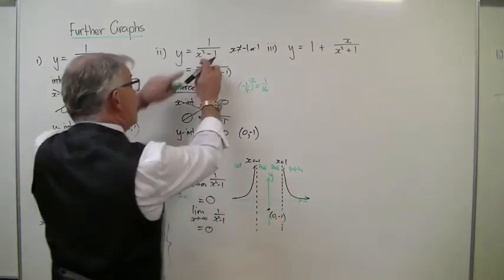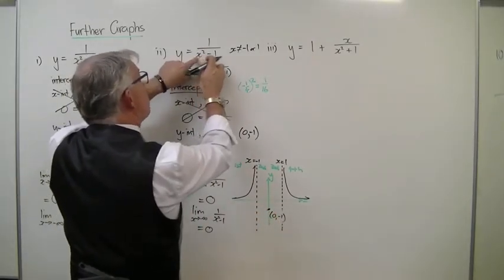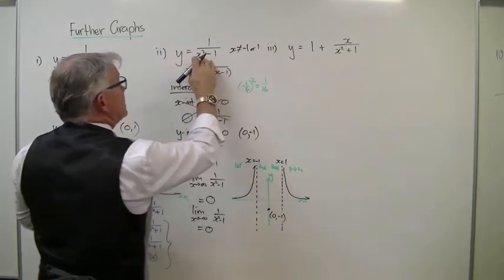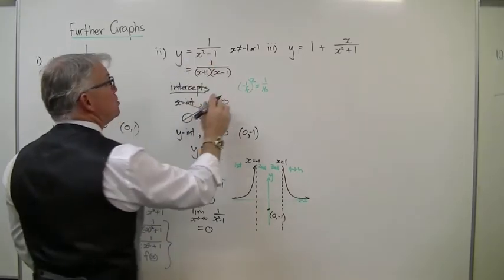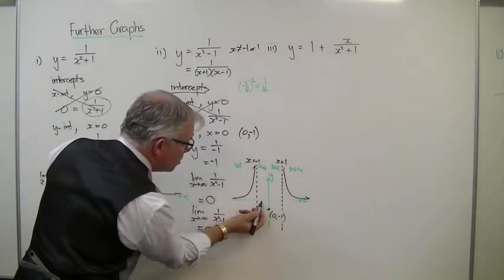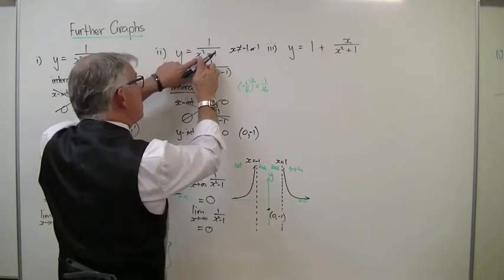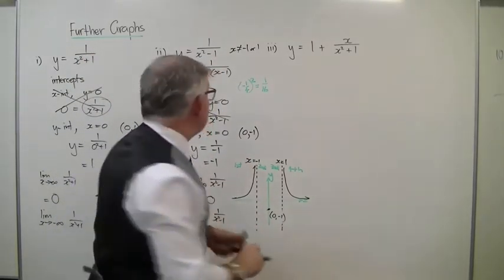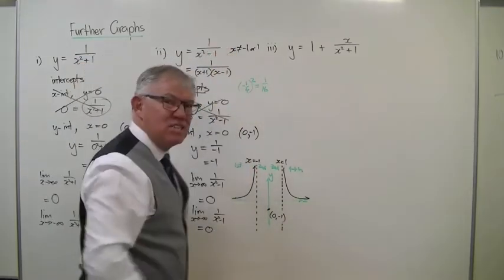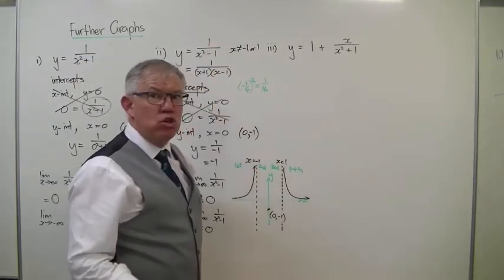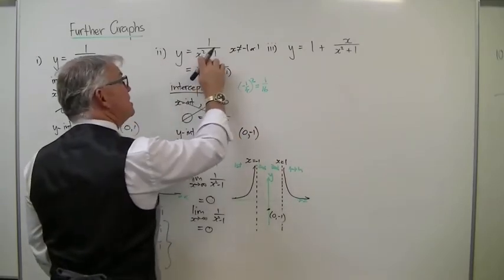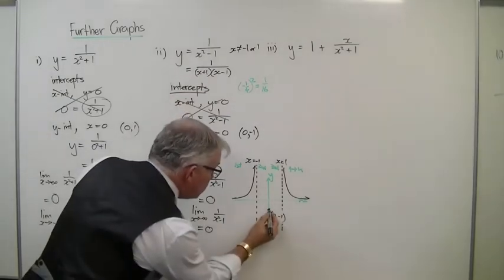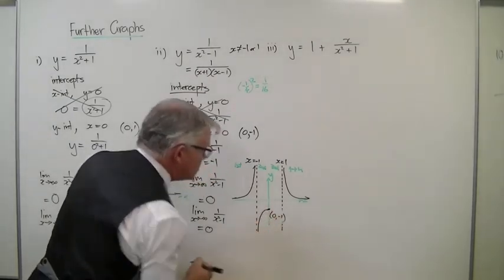And then, oddly enough, as the value of x approaches minus 1, our asymptote, the difference between these two things will get smaller and smaller. Same treatment: 1 over a tiny, tiny fraction is going to be a huge number, but in this case, a huge negative number. So the curve goes down like that.